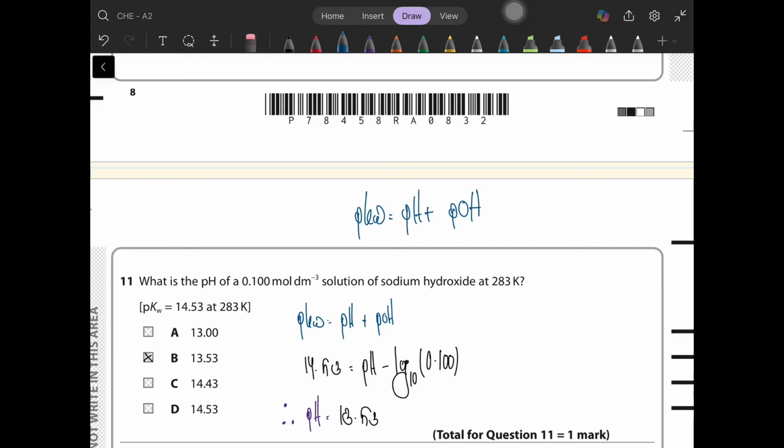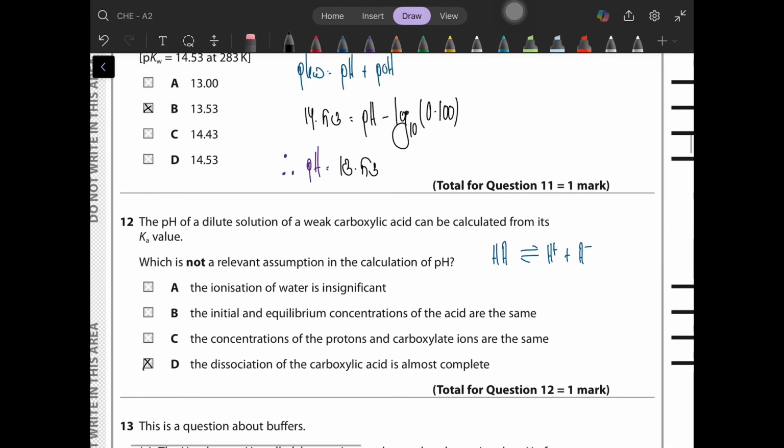This is the ionic product of water, pKw, which is given as 14.53. So pH equals 14.53 minus pOH. pOH is going to be minus log base 10 of the OH minus concentration, 0.100. So this is what I've done over here, and I get a pH value of 13.53. Let's move on to the next question.